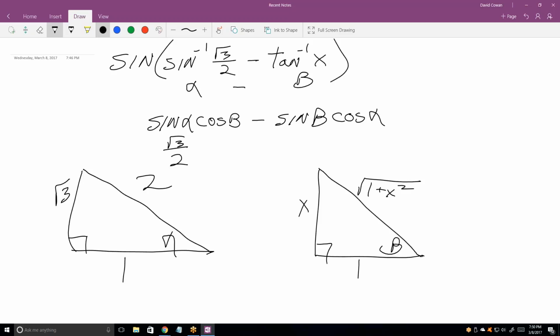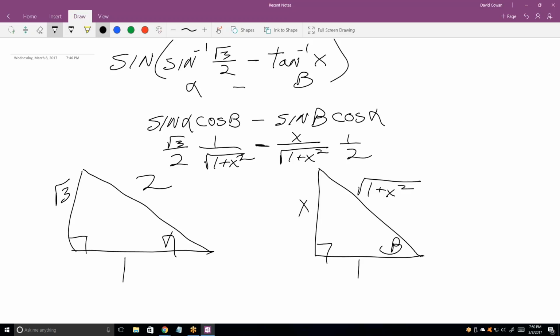Okay, what's cosine of beta? 1 over root 1 plus x squared. The sine of beta is x over root 1 plus x squared. And the cosine of alpha? 1/2.